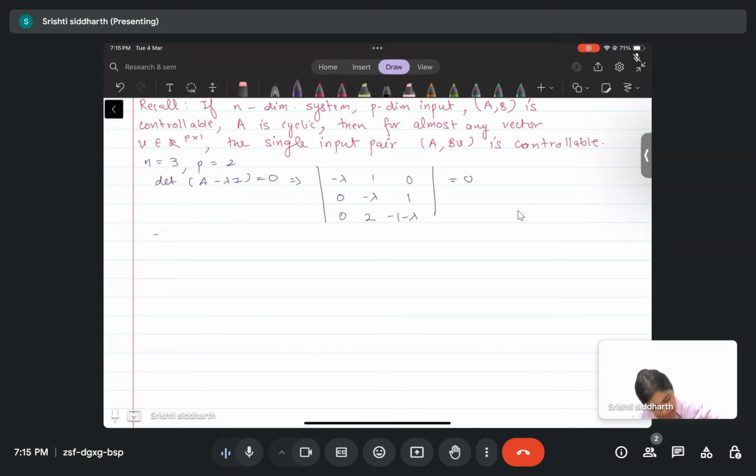Simply minus lambda, minus lambda minus 1, minus lambda minus 2 equals 0.